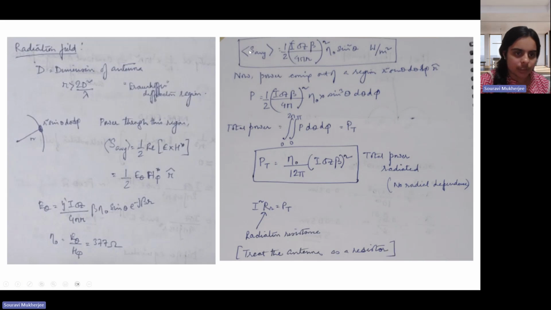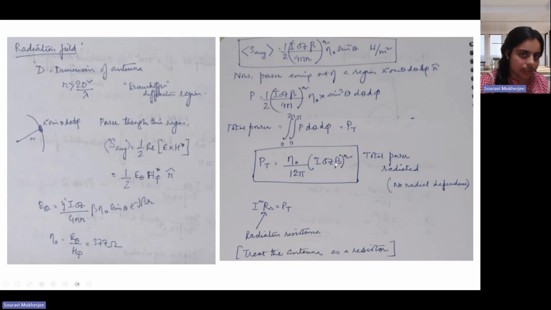So this is your average power radiation. Now, this is per unit area. So if you want to find the total power that is radiated from your antenna, then you do an integration over theta and phi. Okay, that gives you the total power, and this is how the total power looks. This is important because it shows how the power depends on the dimension of your antenna compared to the wavelength.